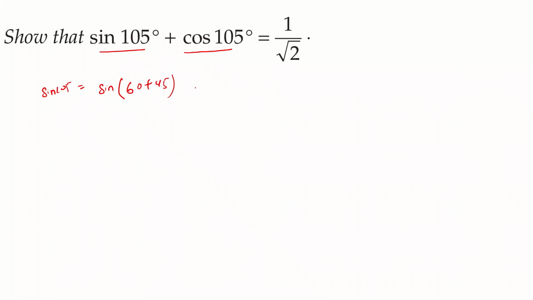And now we can apply the formula sine a plus b is sine a cos b plus cos a sin b. So think of this as a and think of this as b. So sine a, so I read as a but I write as 60. It's sine a cos b plus cos a and sine b.